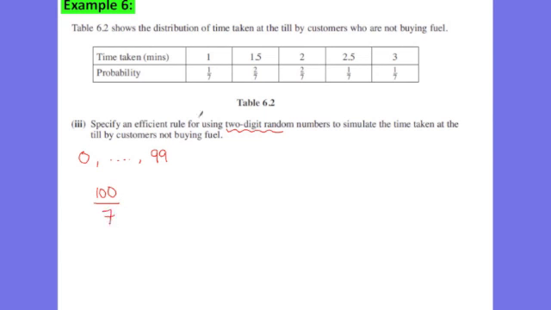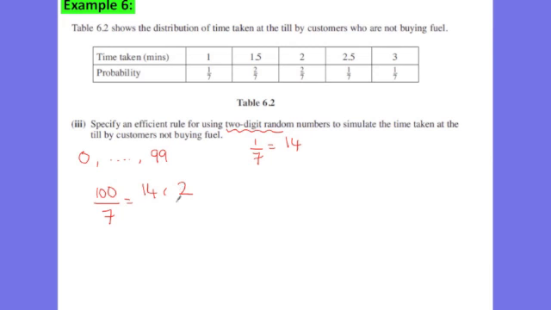Dividing through by 7 here, we get 14 remainder 2. This means that a probability of 1 over 7 is going to be equal to 14 of the numbers. So this is an example, as I mentioned earlier, where the proportion is not exact.